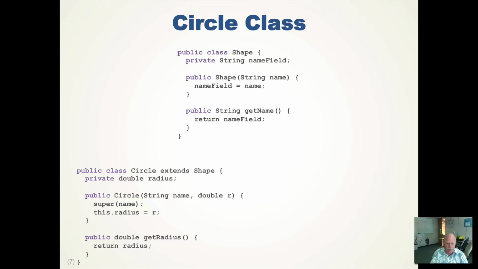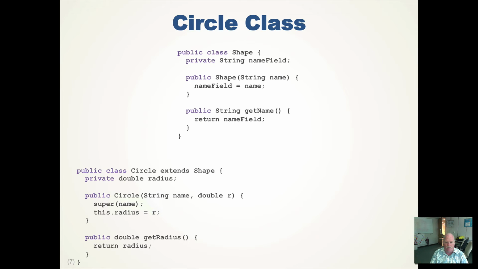So now instead of having a single parameter in our constructor, we have a name for our shape and the radius of our circle. So we call super on the name, which calls the public Shape constructor on the name, sets the name, and then the radius r, and then we also have an accessor getRadius. Again, our circle has a read-only radius, so you can't change the radius once it's been set when you build your circle. That's just the design we're using.